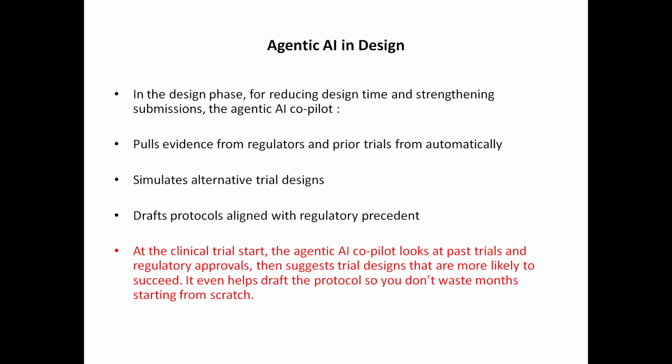So in the design phase, what can you do? Using an agentic AI copilot, for example, it can support you by extracting evidence from regulators and prior trials automatically, like clinical research.